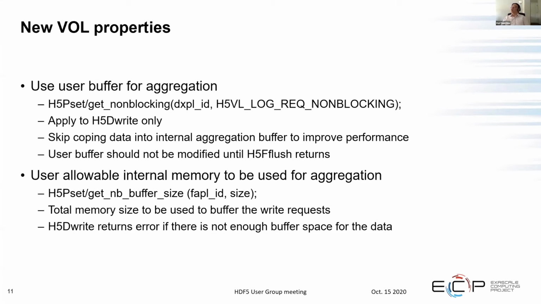But we observe that for many applications, they actually do not reuse their I/O buffer throughout their I/O session. So we offer the first property to allow the application to use their own buffer. That means the buffer will not be modified until they close the HDF5 file. This avoids the need to copy the data internally and improves the performance for those applications.